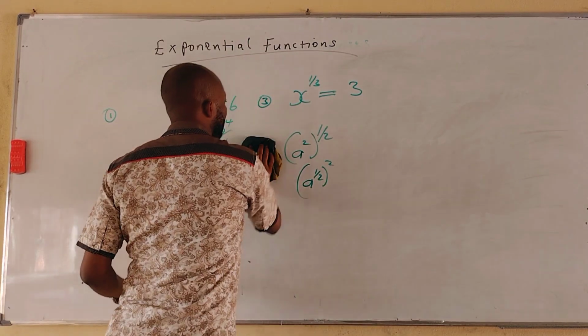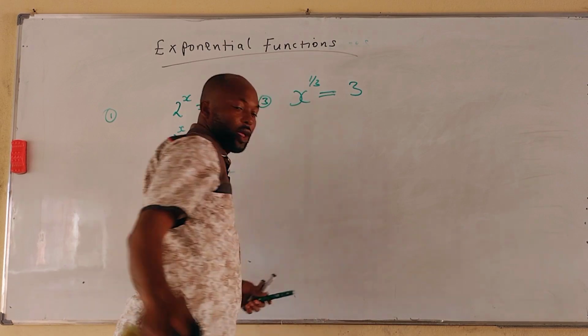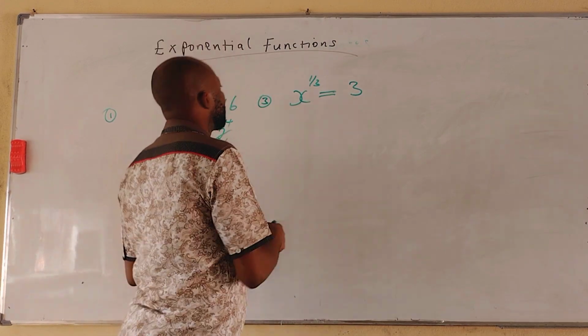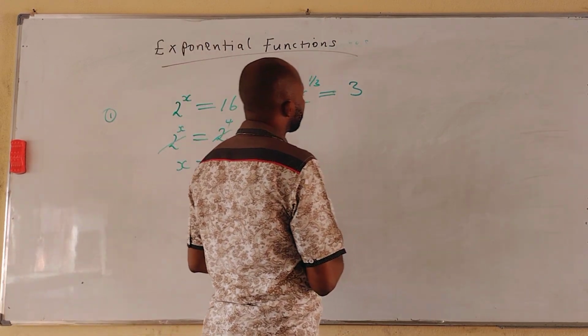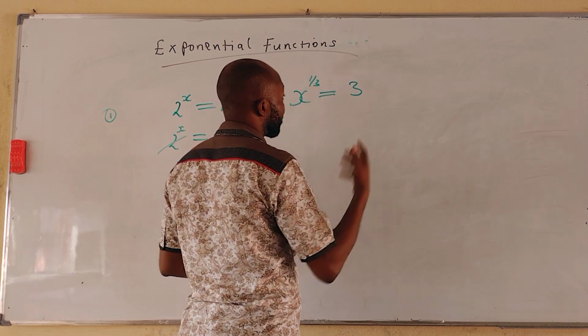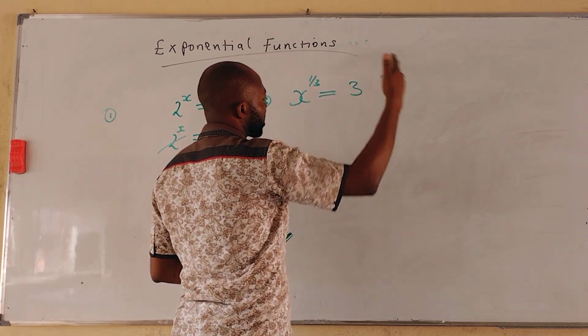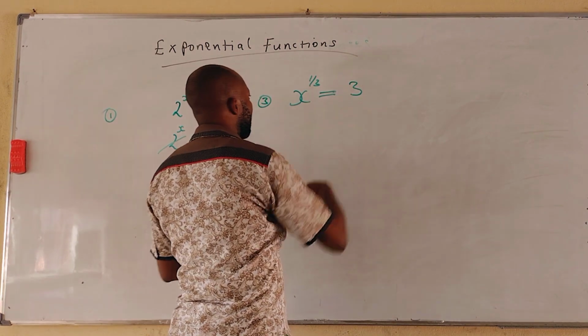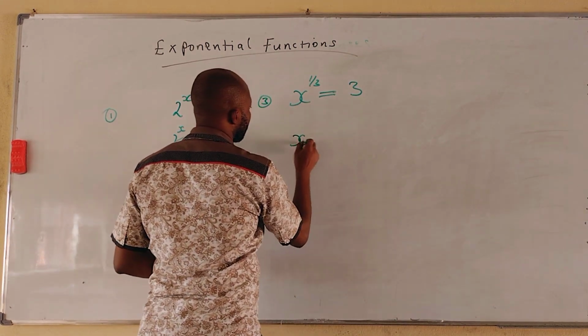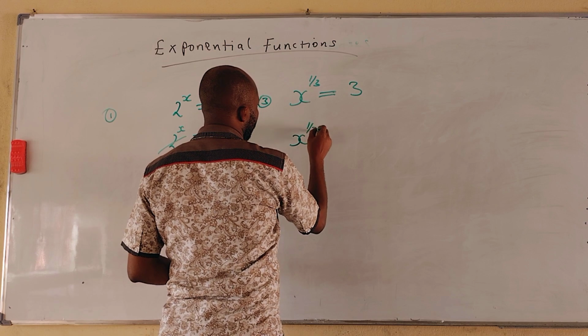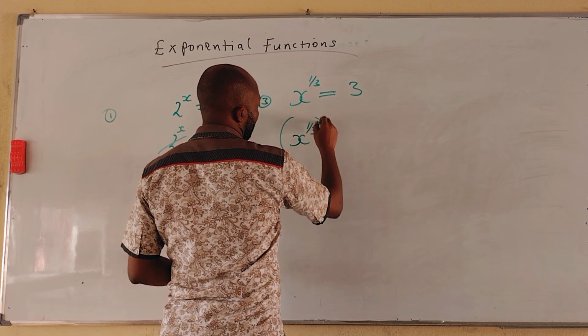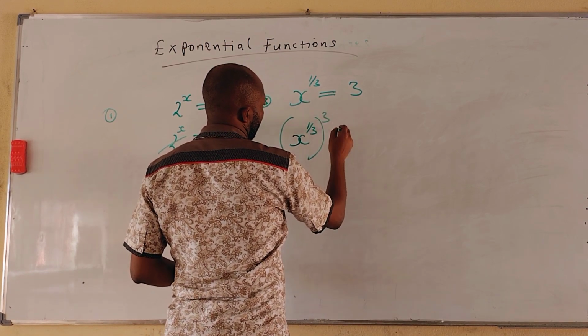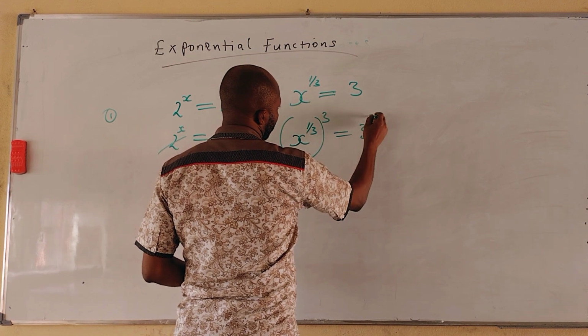So let's see how that works. For me to get rid of that, I have to raise it to the power of 3. So this is x raised to the power 1 over 3, raised to the power 3, is equal to 3 raised to the power 3.